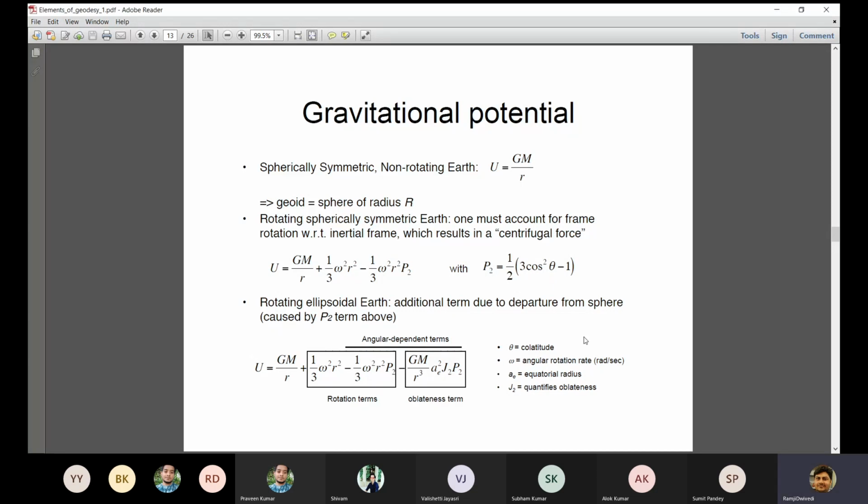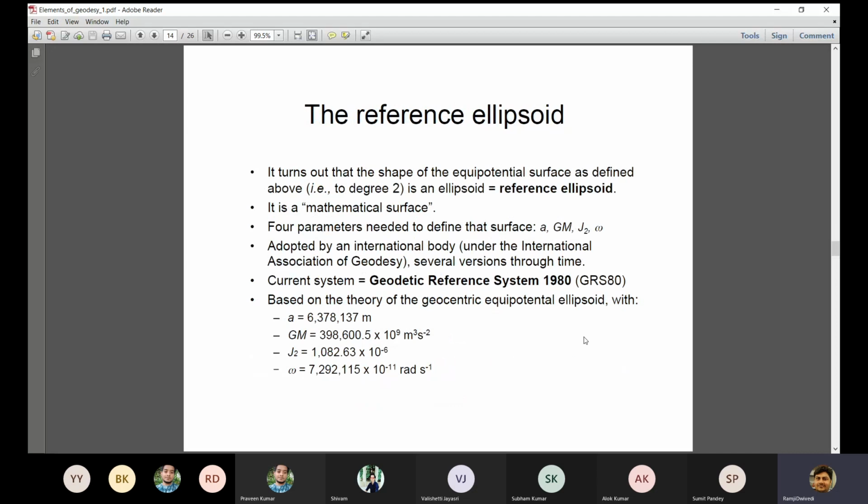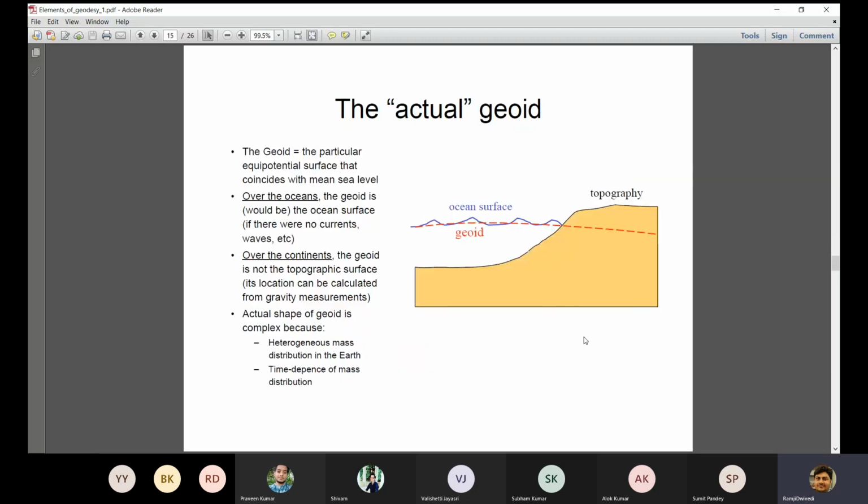Okay, so we discuss this, then we arrive at the so-called mathematical surface. The four parameters that are needed are the major axis, GM, J2, and omega. These are the values based on which the ellipsoid is defined.